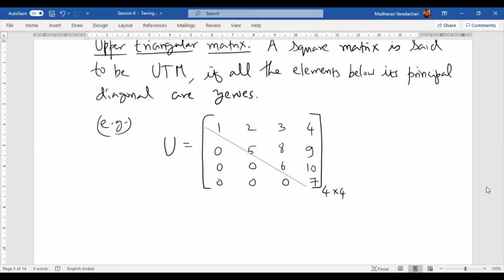Similarly, we have another one called lower triangular matrix.